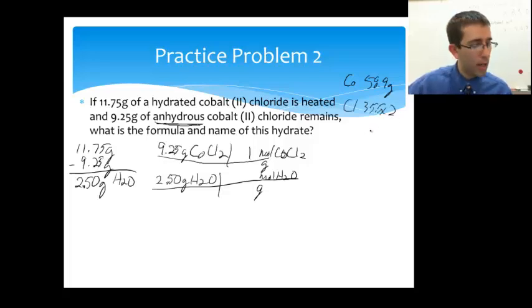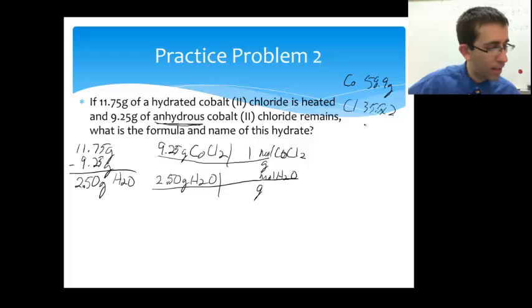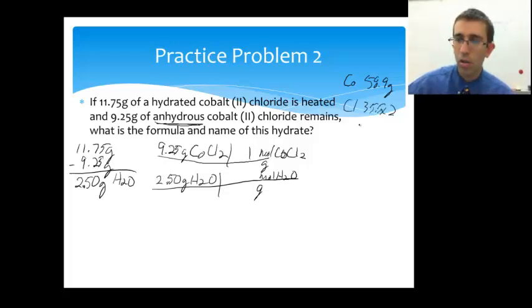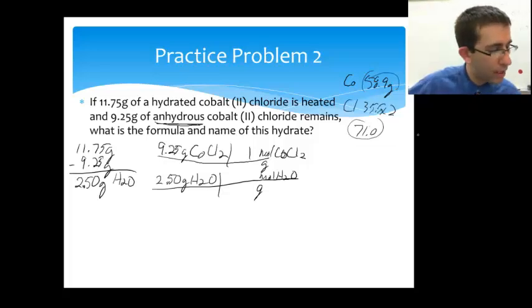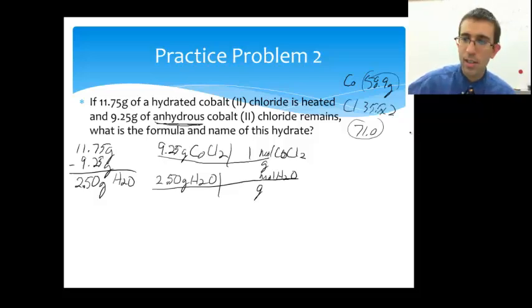So when I multiply 35.5 times 2, I get 71.0. And I'm going to add this number and this number together, okay? So make sure you're adding these two. So 58.9 plus 71.0, when I add these, is going to give me 129.9. And that's my molar mass of my cobalt chloride.